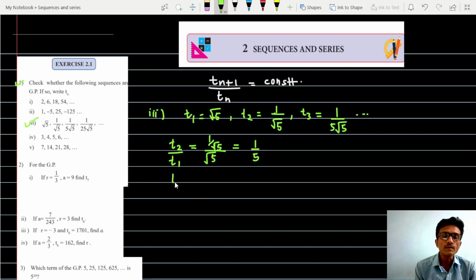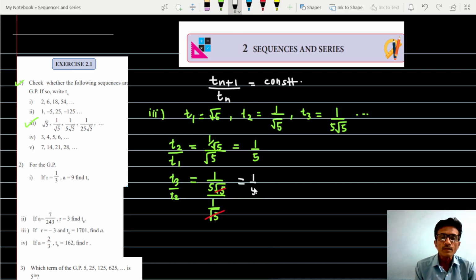Then T3 upon T2, what ratio will you get? T3 is 1 upon 5 root 5, and T2 is 1 upon root 5. This root 5 is getting cancelled, and again you are getting 1 by 5.